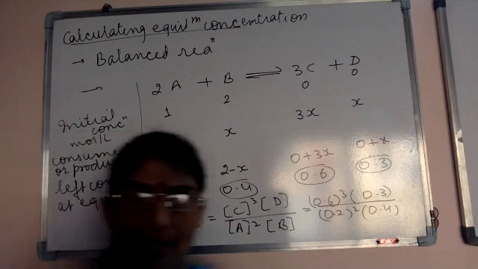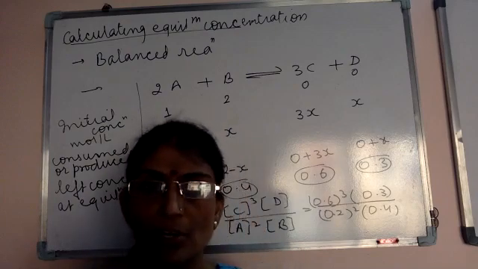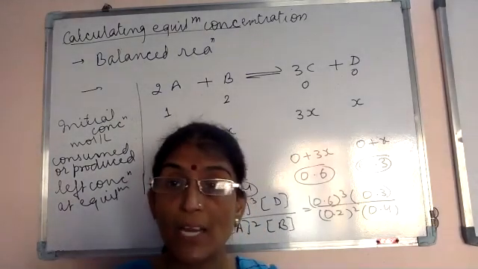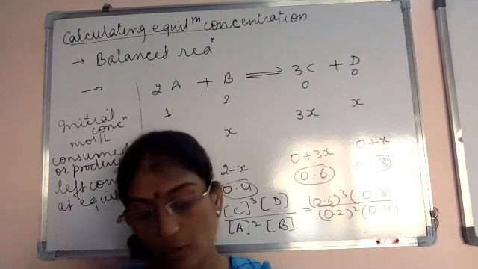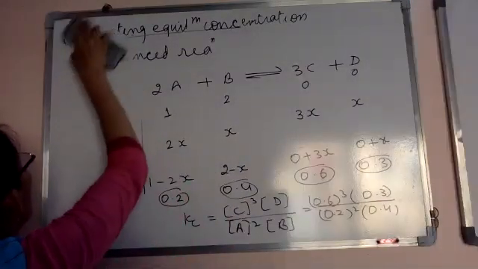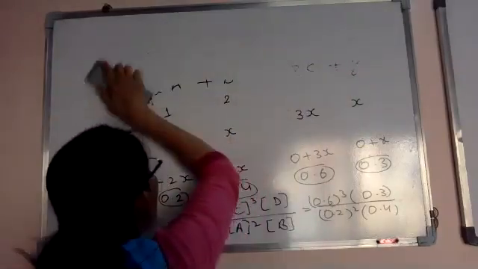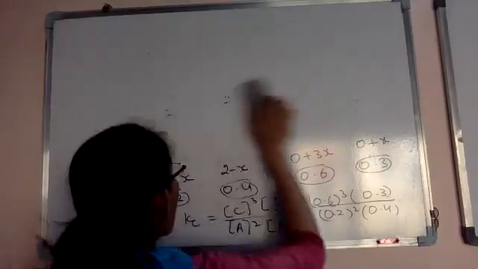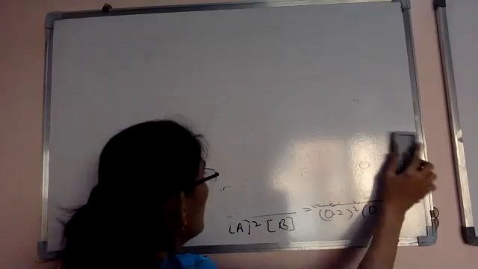Steps will never be asked; they won't ask you to write the steps. Questions will be asked and we have to solve them. Let's see how, we do one sum. One numerical, so that you can understand how to find it.